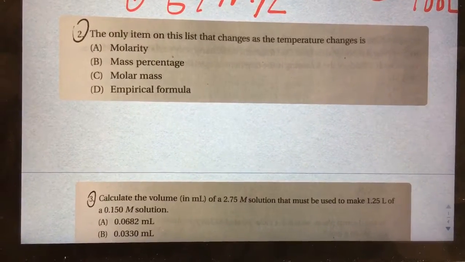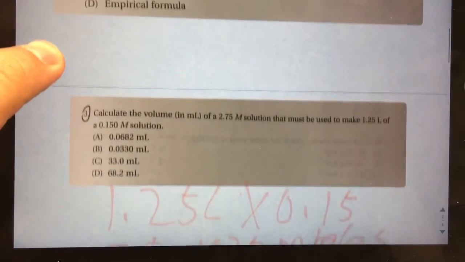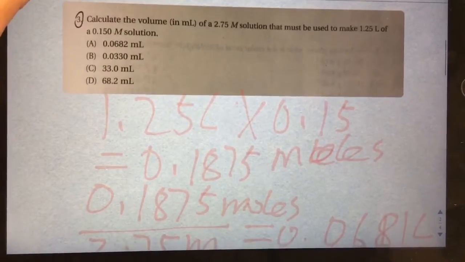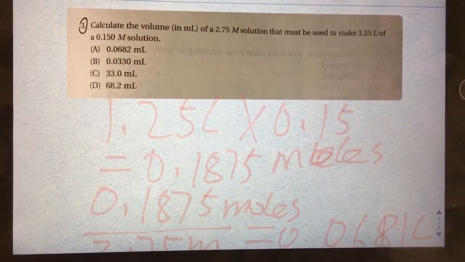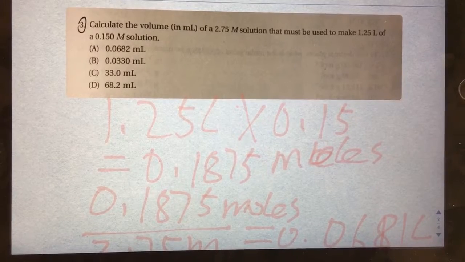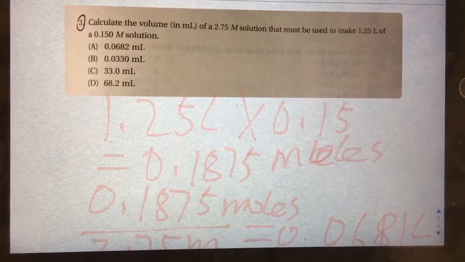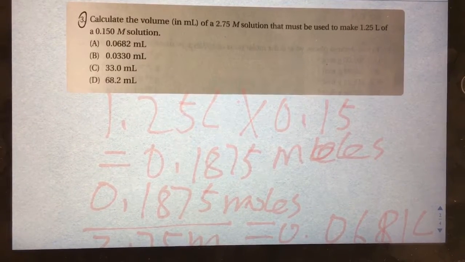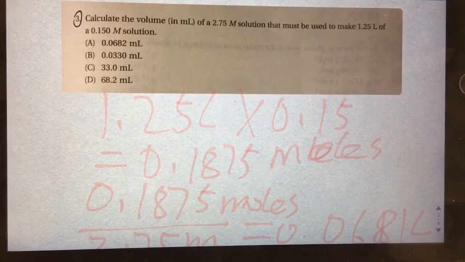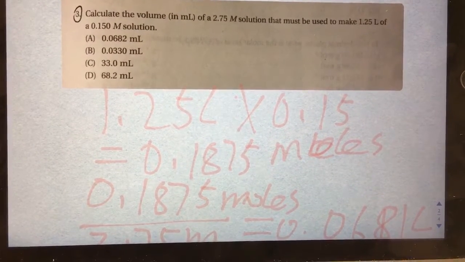This question is asking us to calculate the volume of 2.75 molarity solution that must be used to make 1.25 liters of 0.15 molarity solution. So we need to know how many moles are contained in the solution.